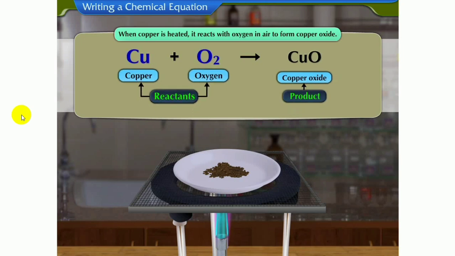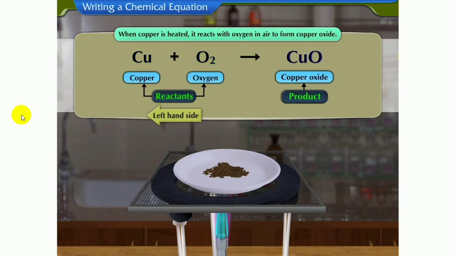The reactants are written on the left-hand side and the products on the right-hand side of the equation. An arrow pointing towards the products is inserted between the reactants and the products. It also represents the direction of the reaction. A plus sign is inserted between two or more reactants or products formed.